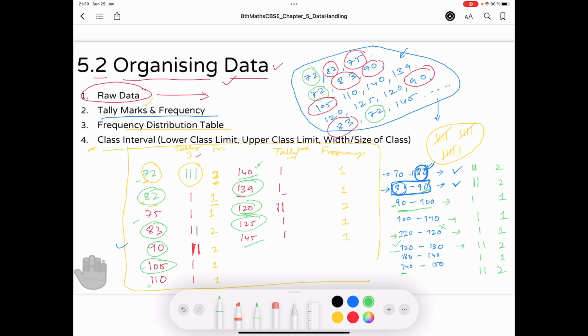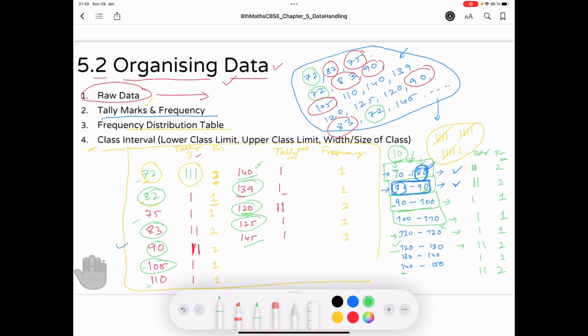So this is our tally marking and frequency table. And these are the classes. 70 to 80 is one class, 80 to 90 is one class, 90 to 100 is one class. A class can have any width. In our case, the width of the class is 10, because 70 to 80 is 10 wide, the difference between the lower and higher value.